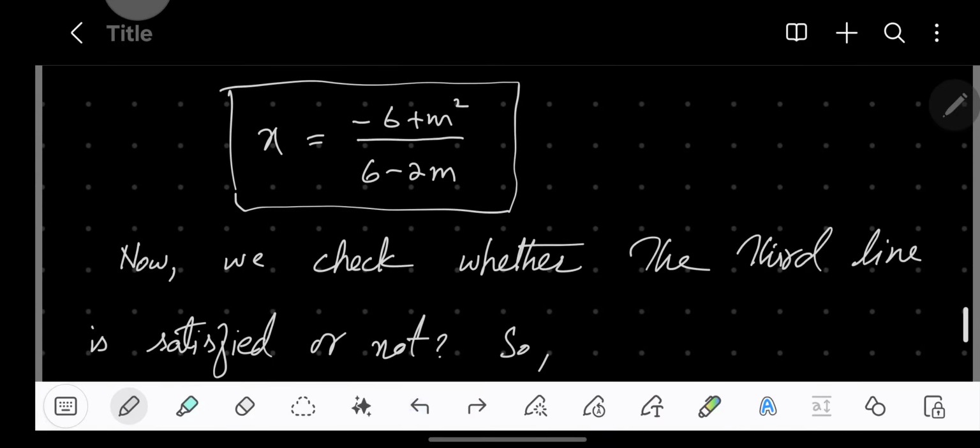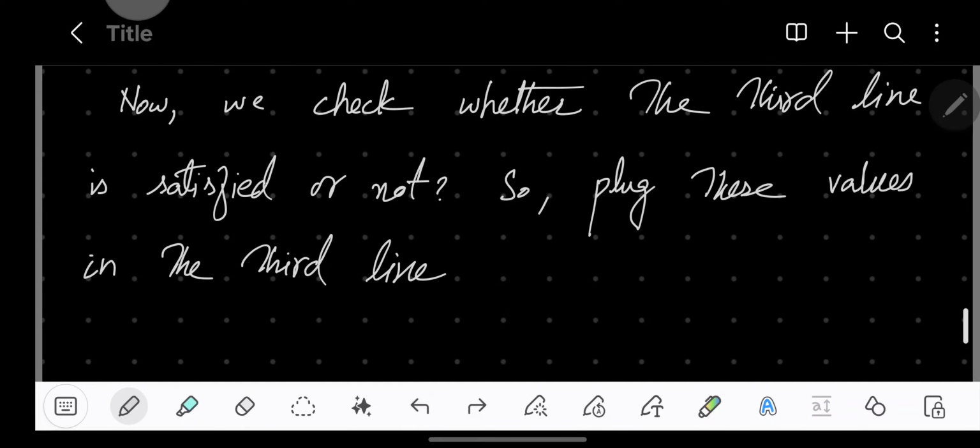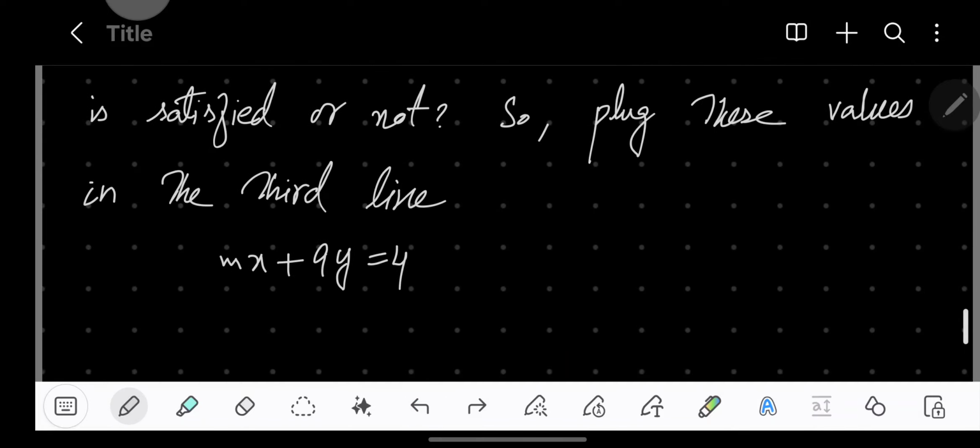And now we have to check whether the system is concurrent or not. Since we are given that the system is concurrent, we have to find the value of m. That means the values of x and y which we have found must satisfy the third equation. So we will plug these values of x and y into the third equation.